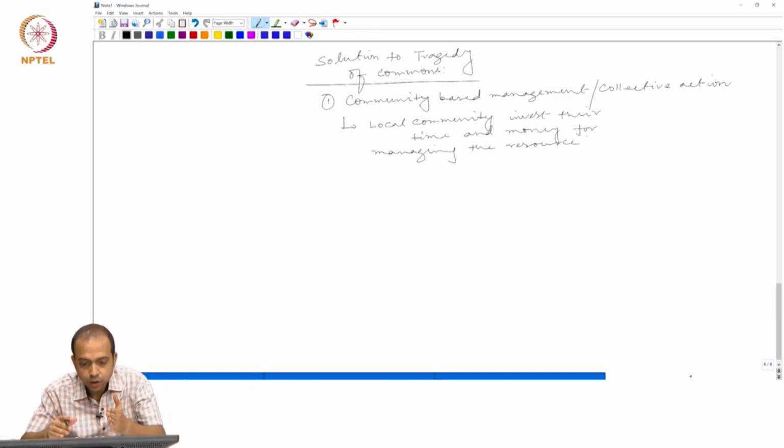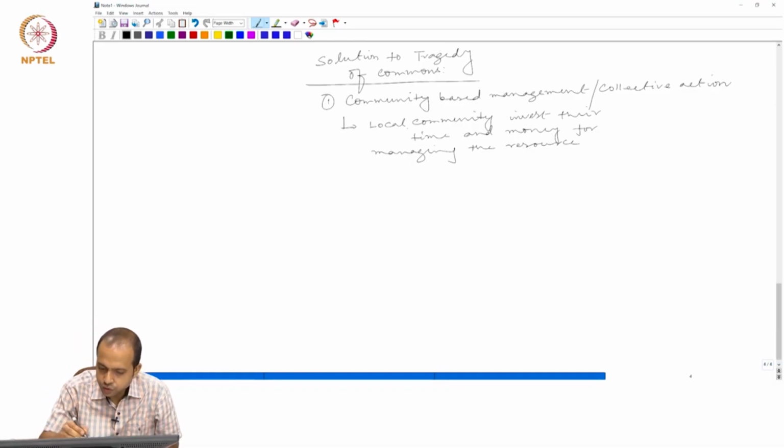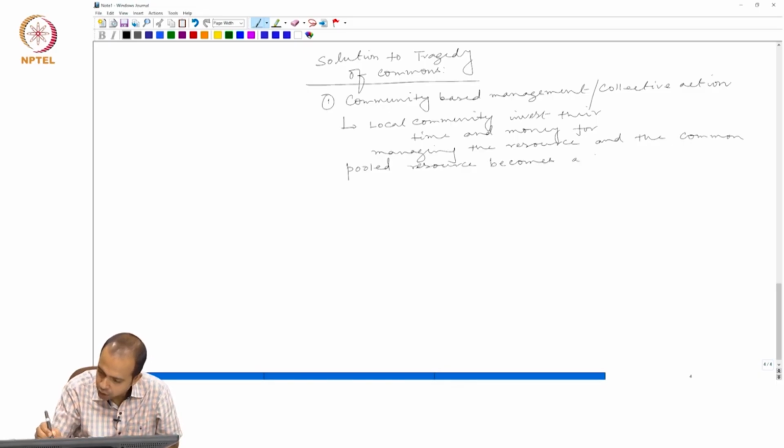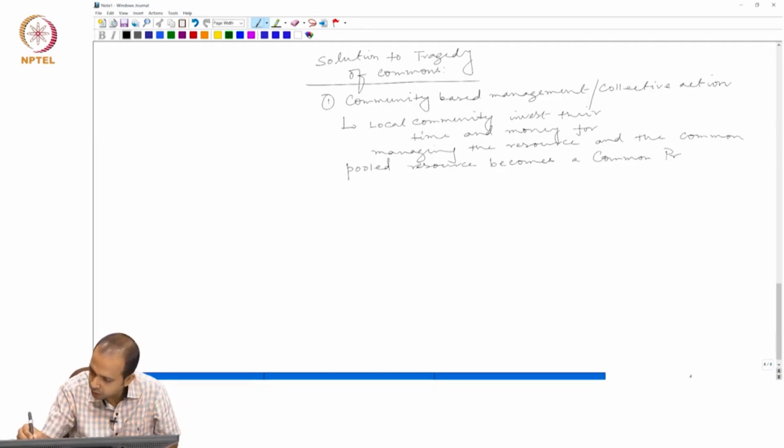That is why it is called common property resource. Okay. So, for managing the resource, the common pooled resource becomes a common property resource.